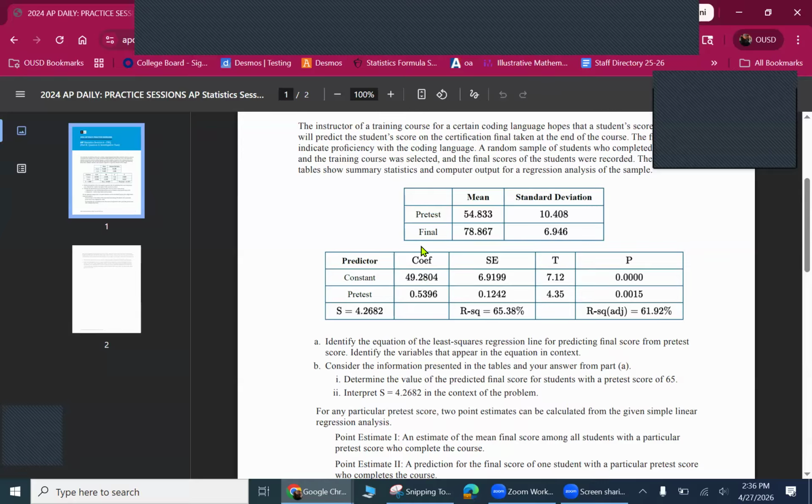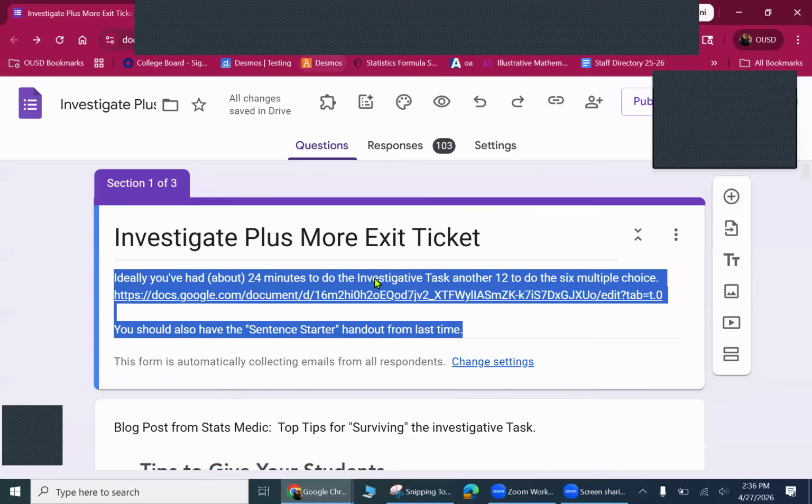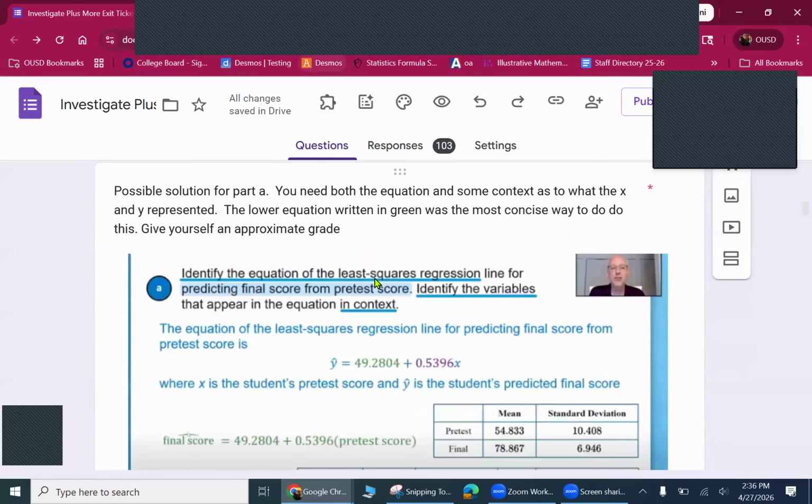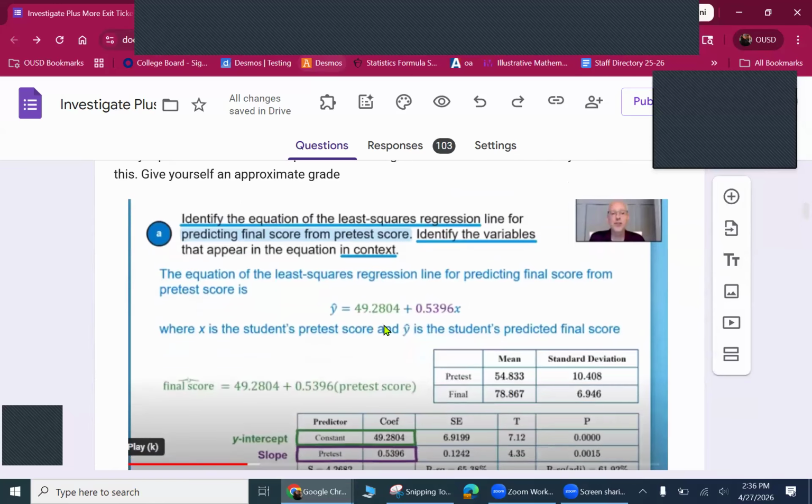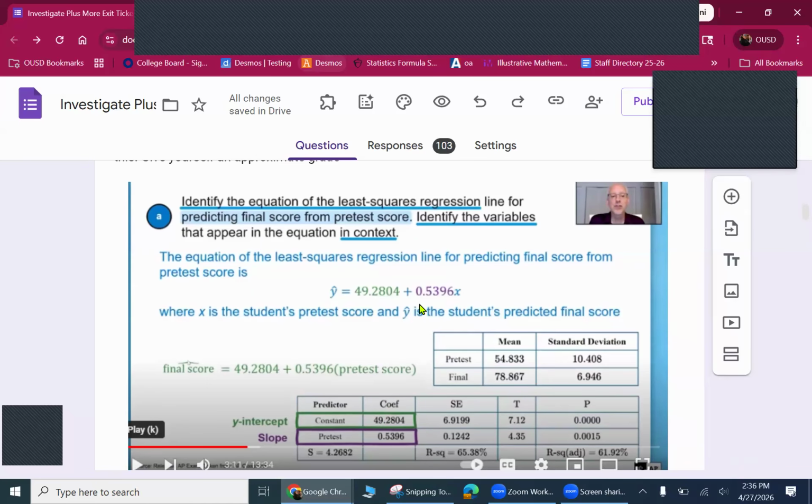If you go over to the screenshot that I took from the video that no longer exists, they basically say, y hat, which is our post-test score, is equal to 49.28, which is our y-intercept, plus 0.5396x. So that's the equation, but then we need to identify what those are.